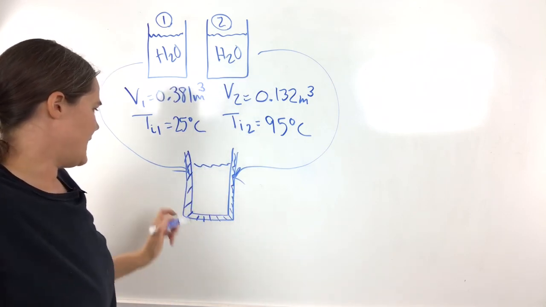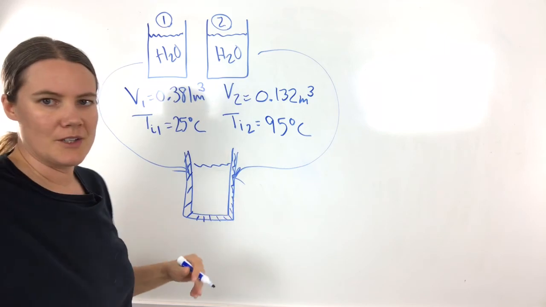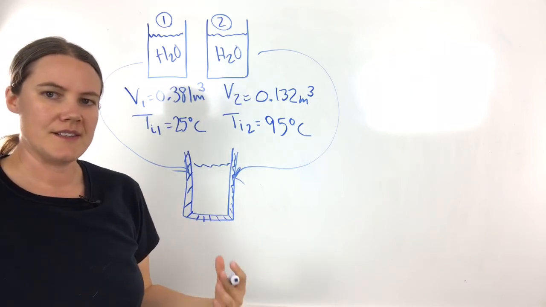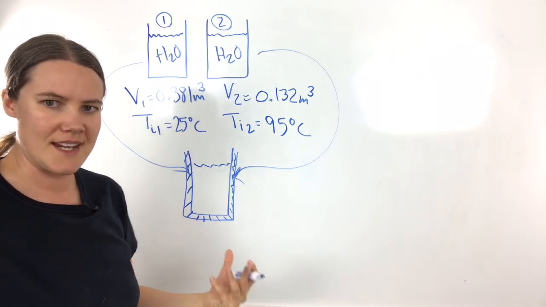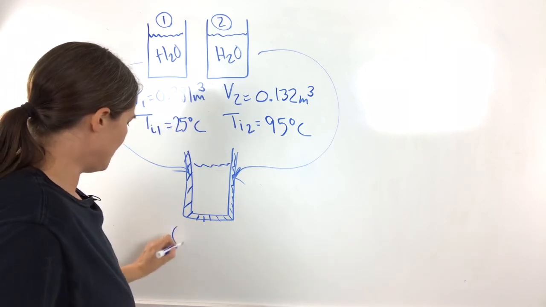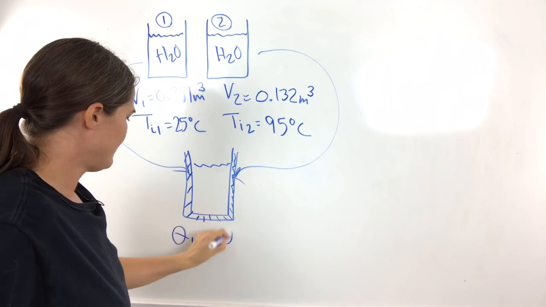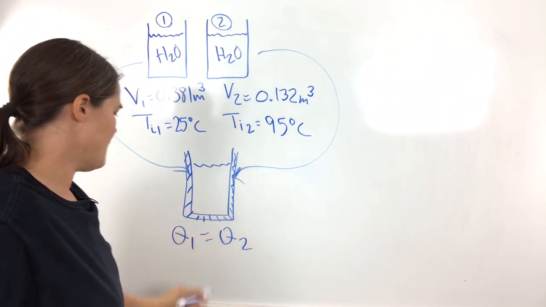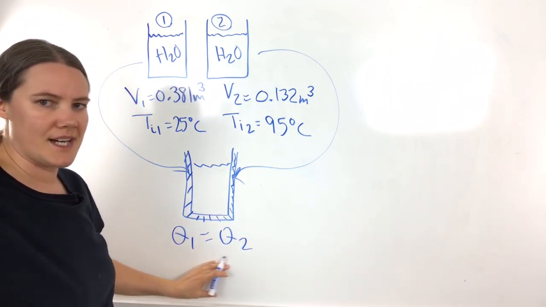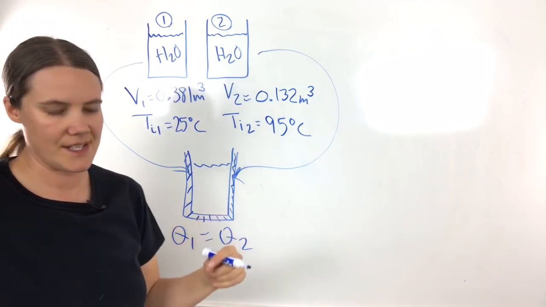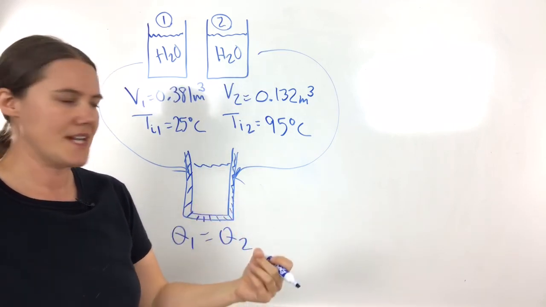So we know that Q represents heat, so we can say Q1 is equal to Q2. But then we need to put a sign on one of these because we need to indicate the direction of the heat flow.